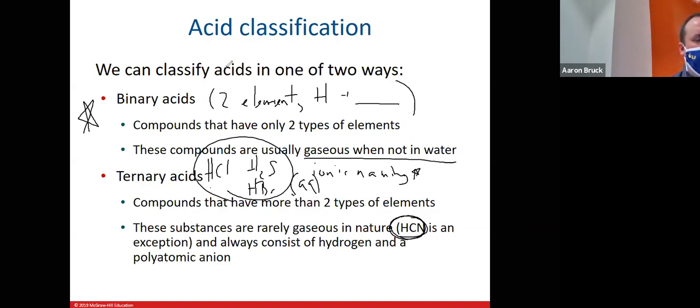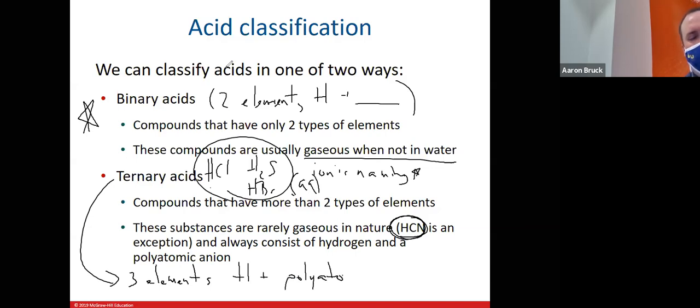Ternary acids, on the other hand, have 3 elements usually. It's a hydrogen plus a polyatomic ion. And with the exception of hydrogen cyanide, these only exist in water.